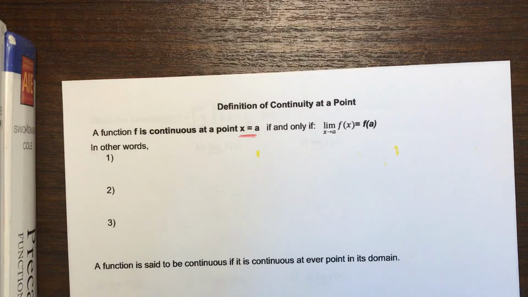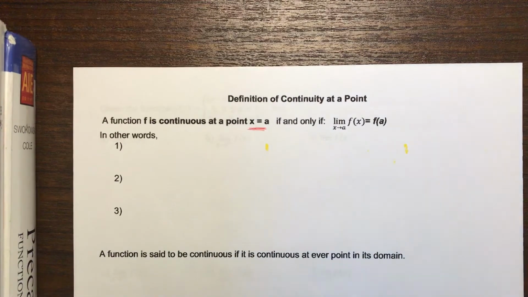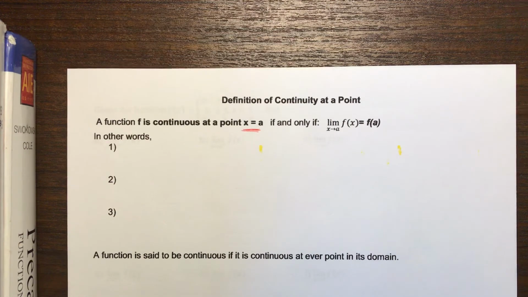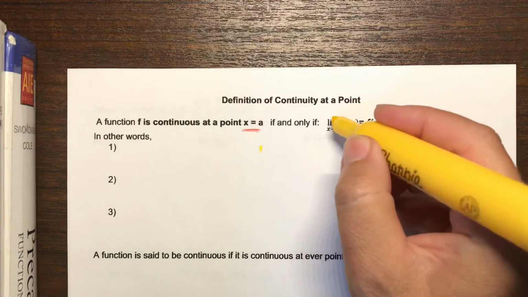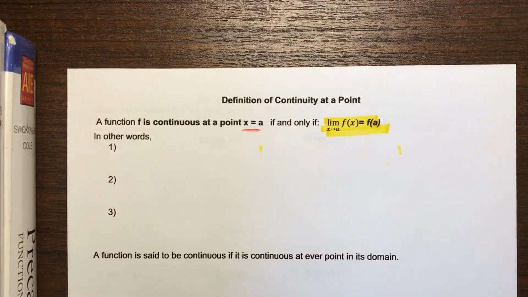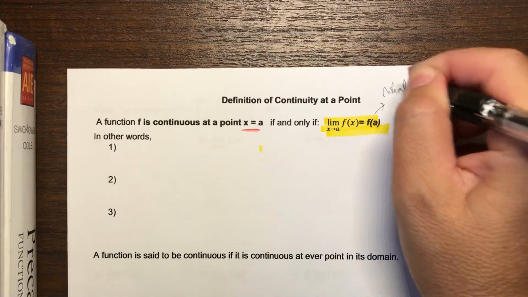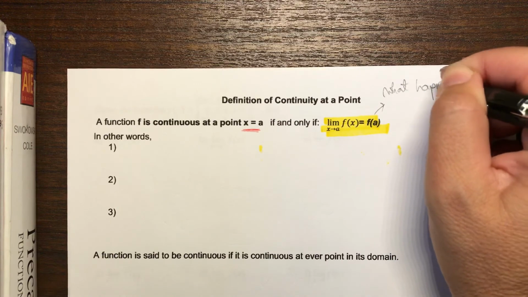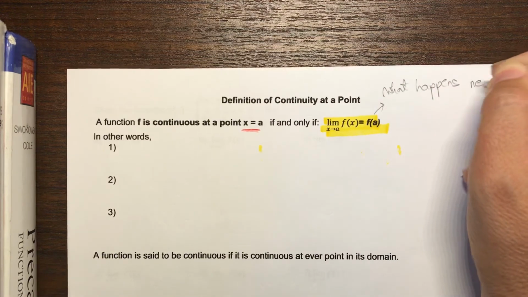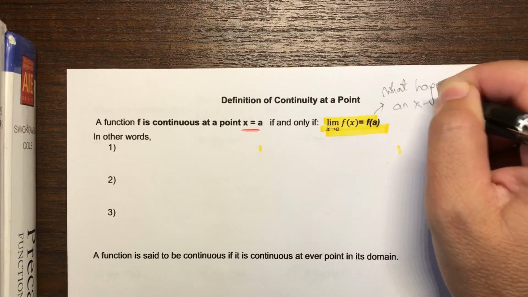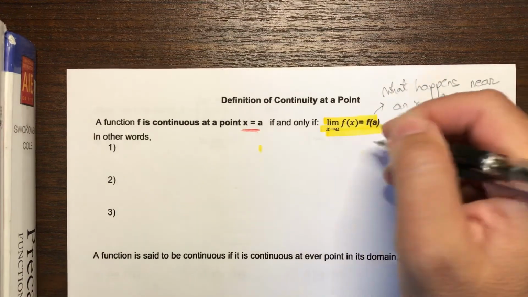Okay, so a function is continuous at a point if and only if the limit at that point equals the function value at the point. So in other words, what this really means is simply what happens near an x value, that's the limit, right?